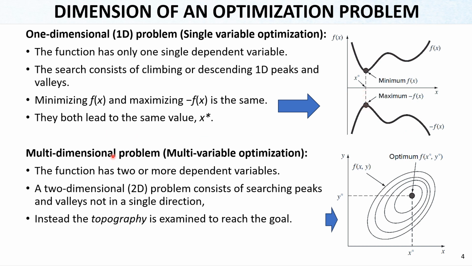And we will also have multi-dimensional problems, which don't have only one variable but more than one variable. This is also called multi-variable optimization. In this scenario, for example, when we have a two-variable optimization, we will have an x variable and a y variable in the function, you can see here. In the two-dimensional scenario, we will be searching for peaks and valleys not in a single direction but in two directions.